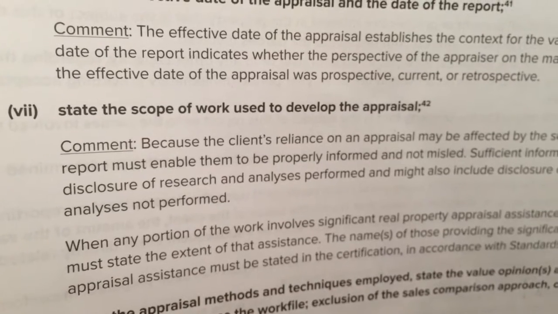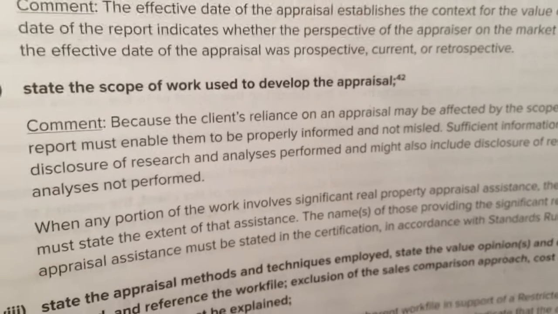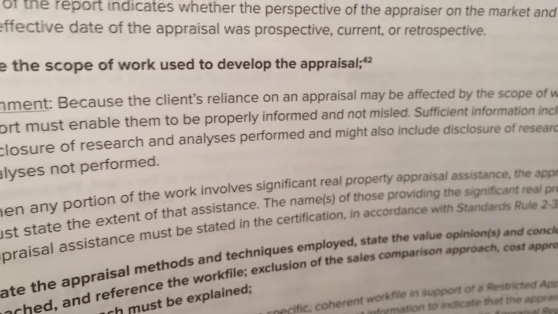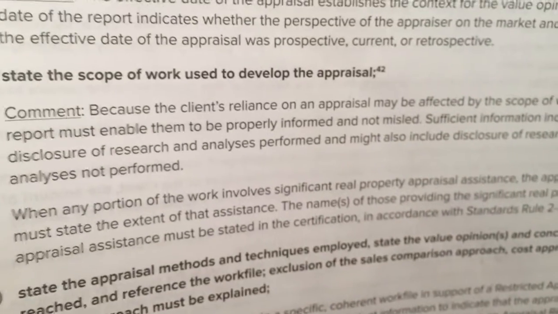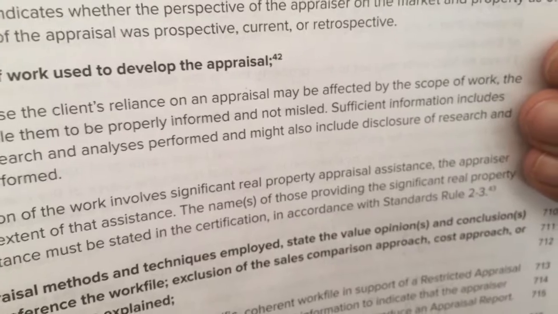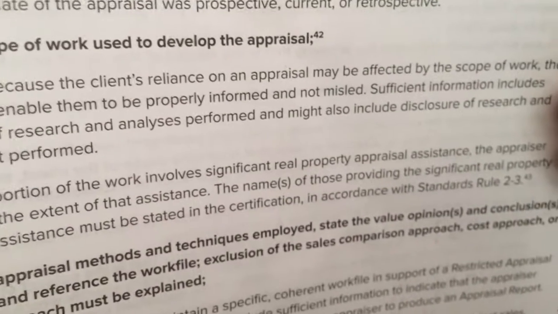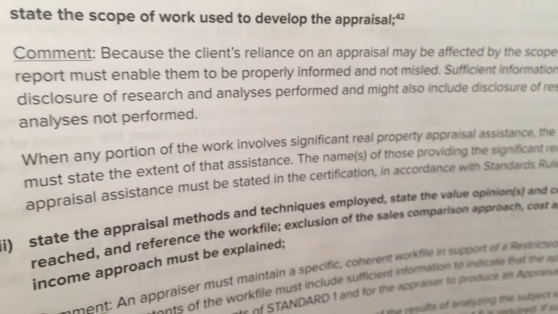Roman numeral 7. State the scope of work used to develop the appraisal. Comment. Because the client's reliance on the appraisal may be affected by the scope of work, the report must enable them to be properly informed and not misled. Sufficient information includes disclosure of research and analysis performed and might also include disclosure of research and analysis not performed.